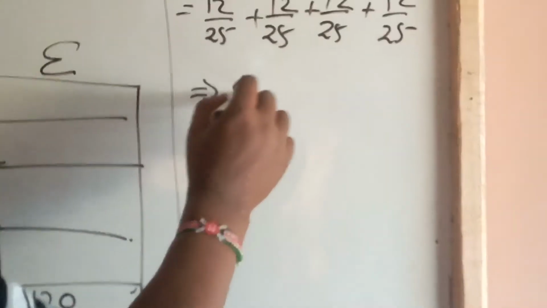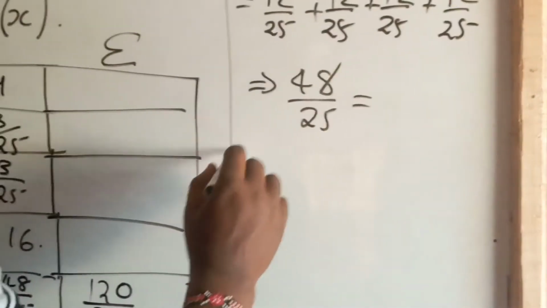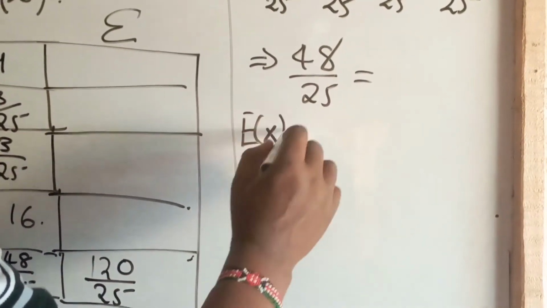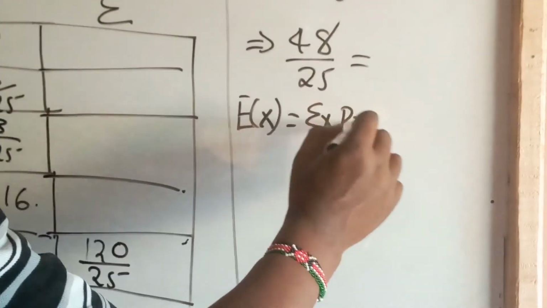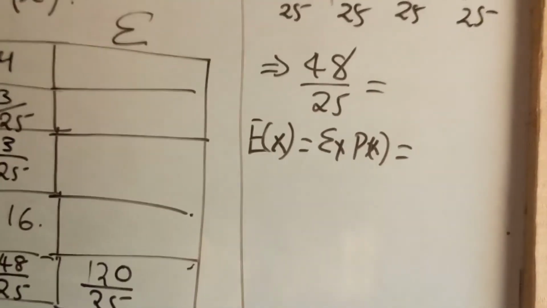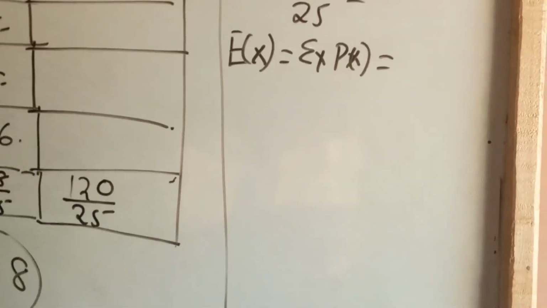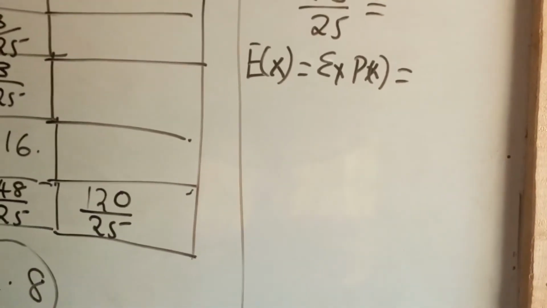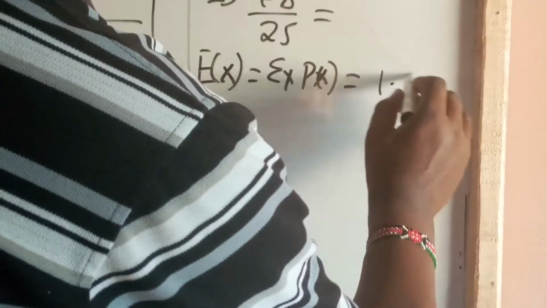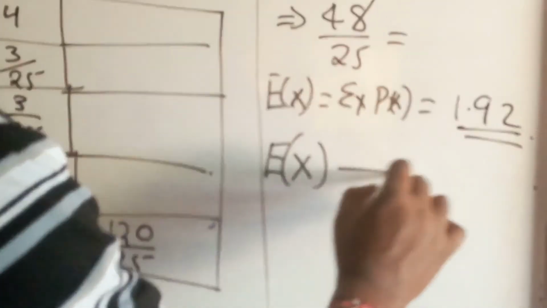And this is going to be 48 out of 25. And the expected value of x, which is the sigma of x times the probability of x, is 48 divided by 25, which is just 1.92.